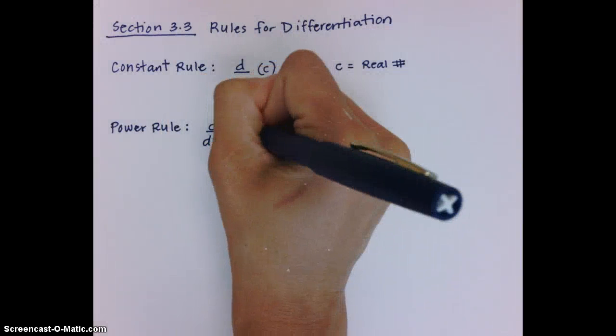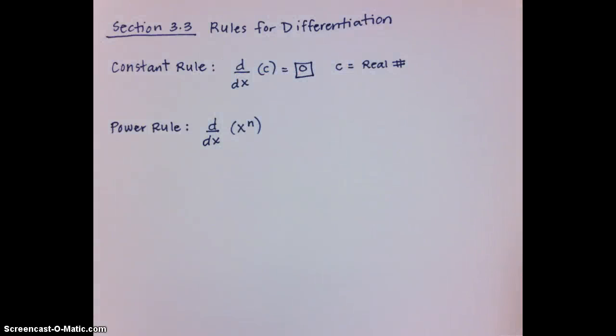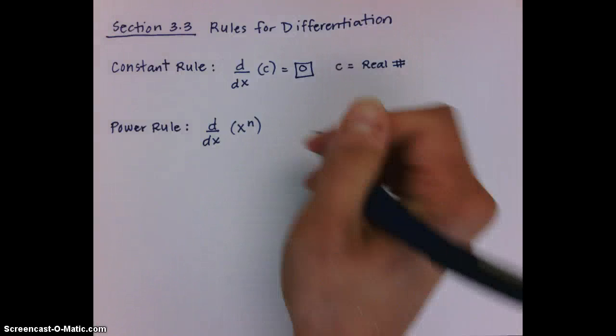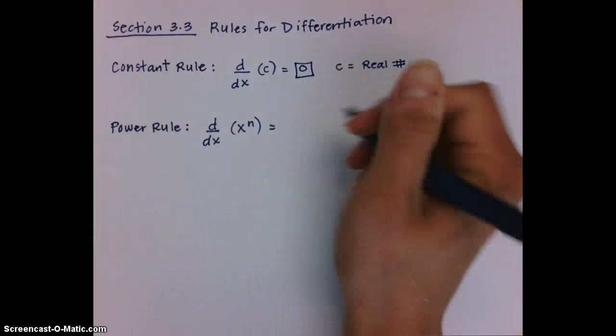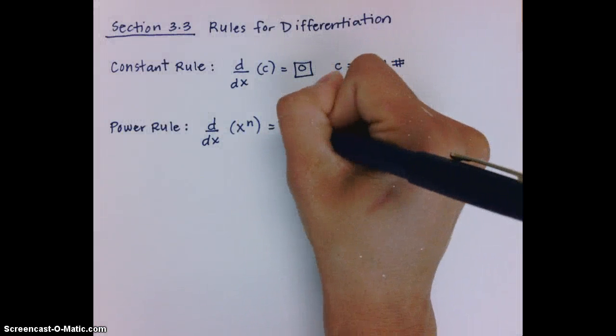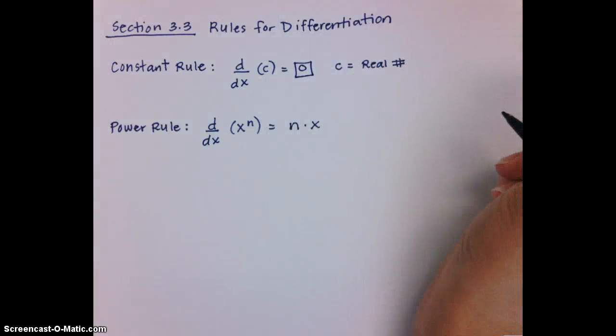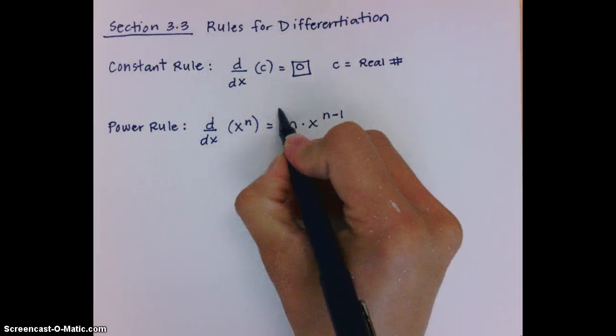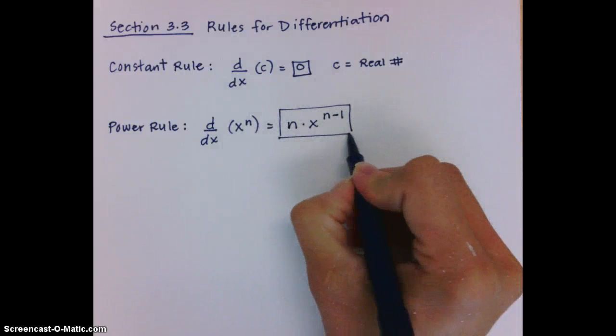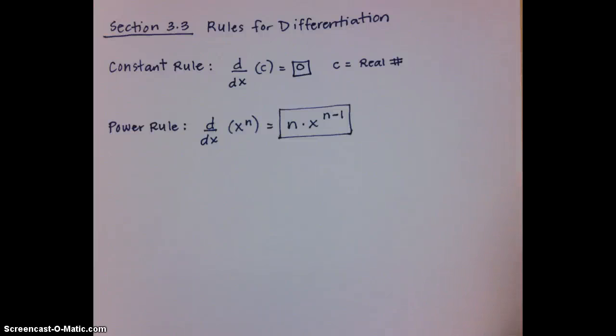If we're going to be taking the derivative of some x to the n power, so anything raised to a power, an x squared, x cubed, any power at all, patterns have shown, and someone discovered way long ago, that you can find the derivative quickly here by taking the power n and multiplying it out in front by x, and then reducing the power by 1. So n times x raised to the n minus 1. So that is our power rule.